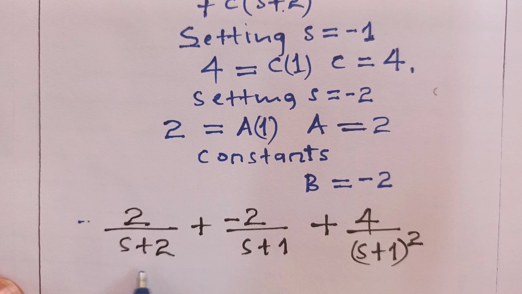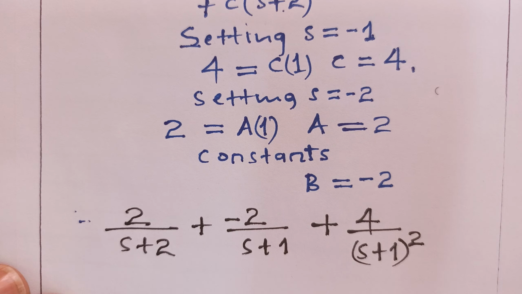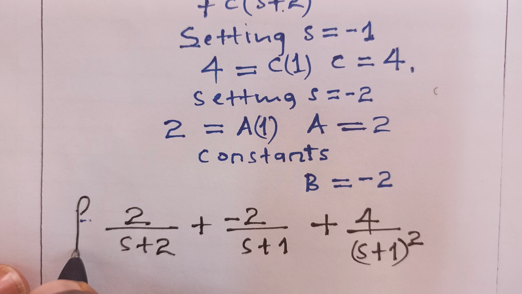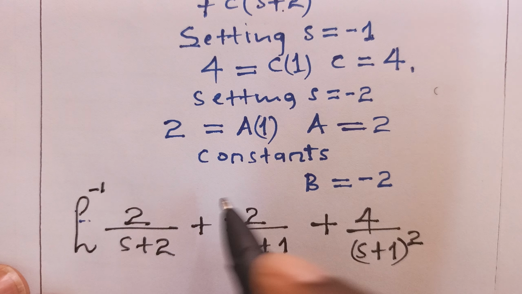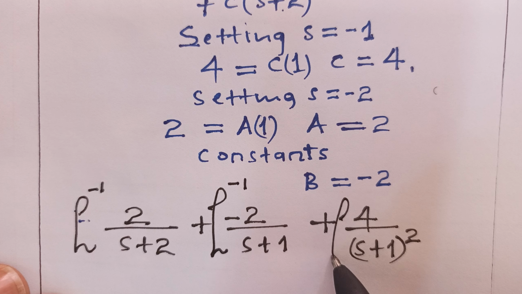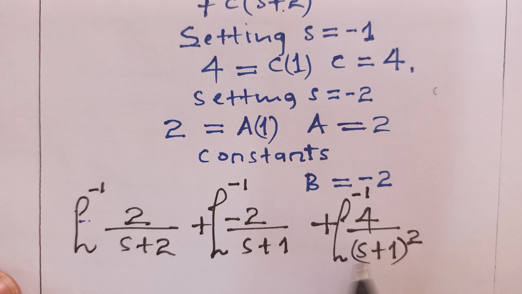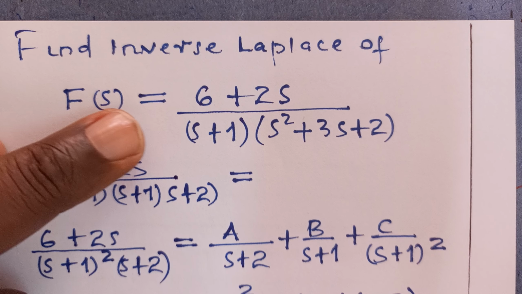Now, after finding the partial fractions, guys, we come and find the inverse Laplace of each of them, for that, and also for that, and finally for that, which is similar to the Laplace transform of the equation we were given right here.